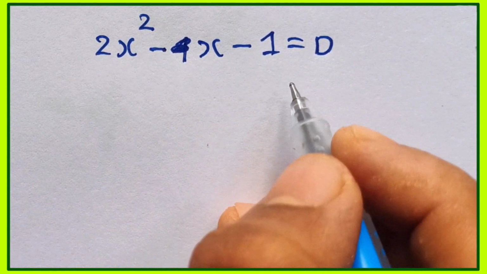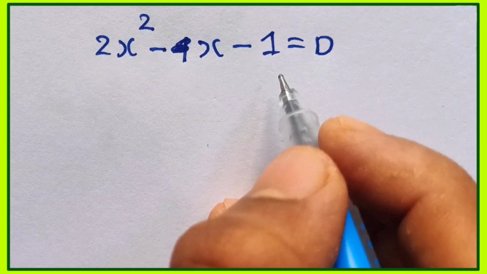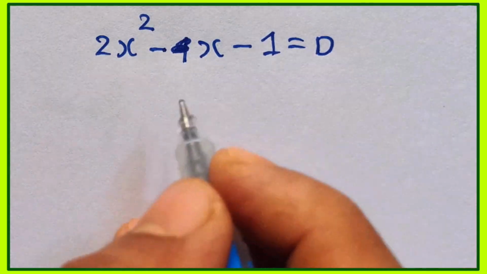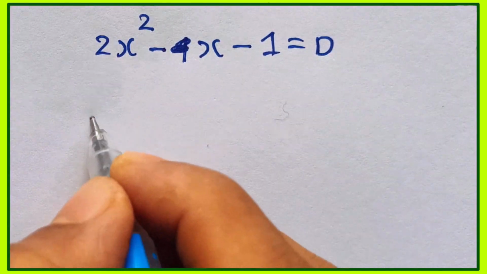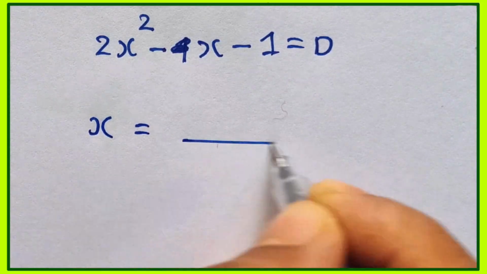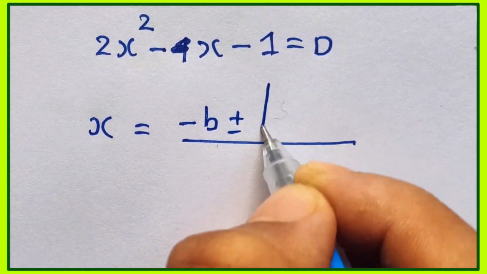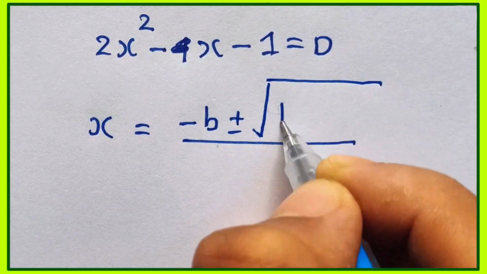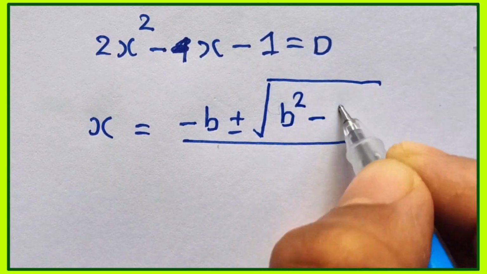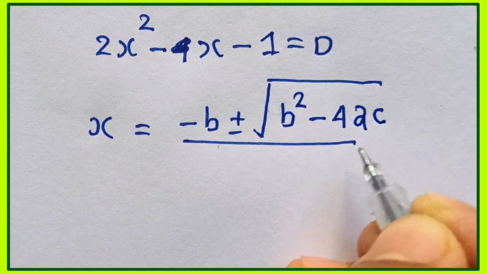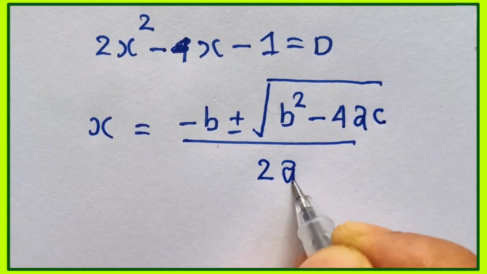Now this equation becomes a quadratic equation, so we are going to apply the quadratic formula from here. That is x is equal to minus b plus or minus the square root of b square minus 4ac, all over 2a.